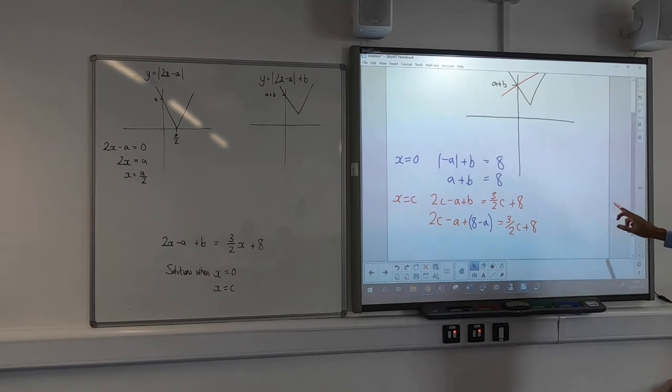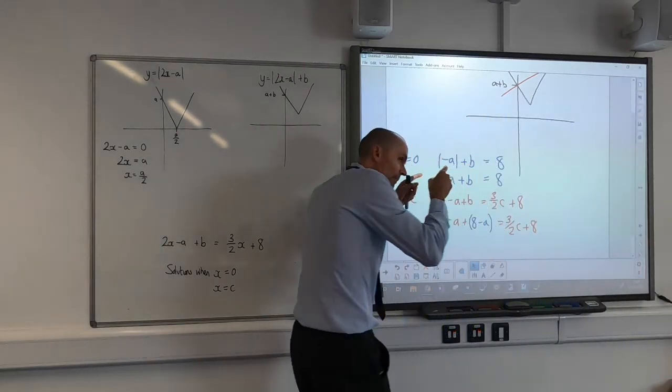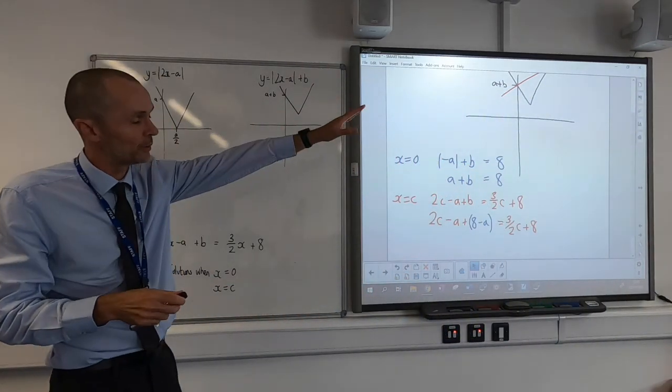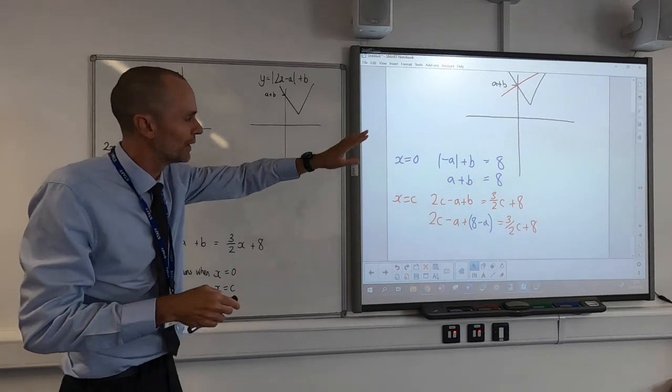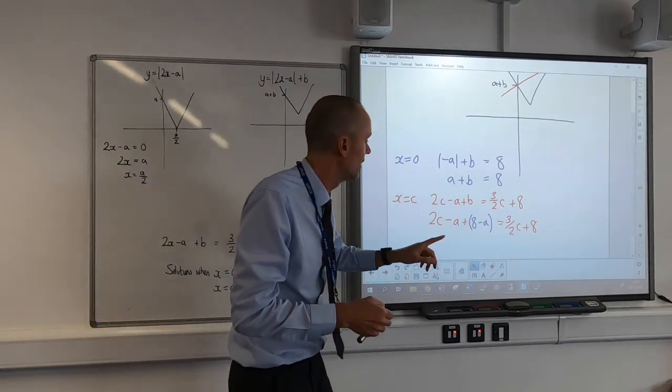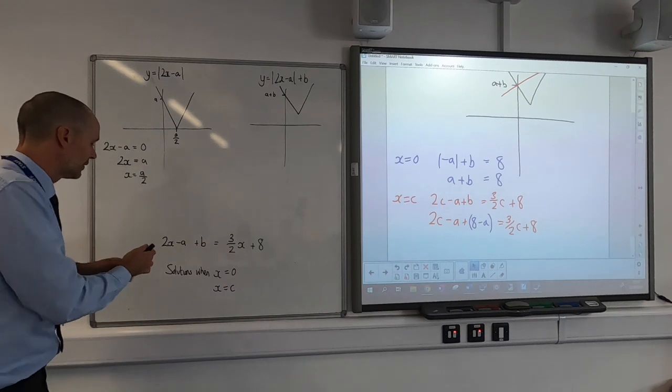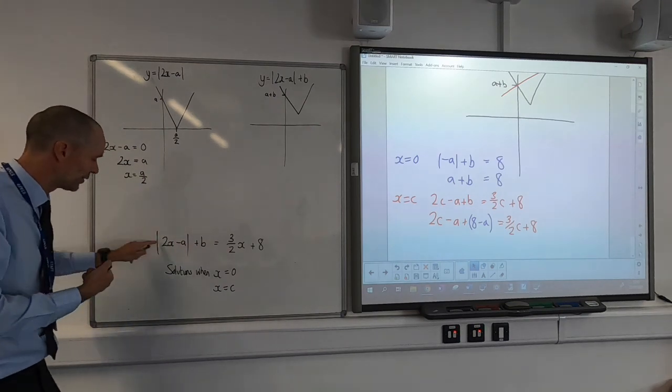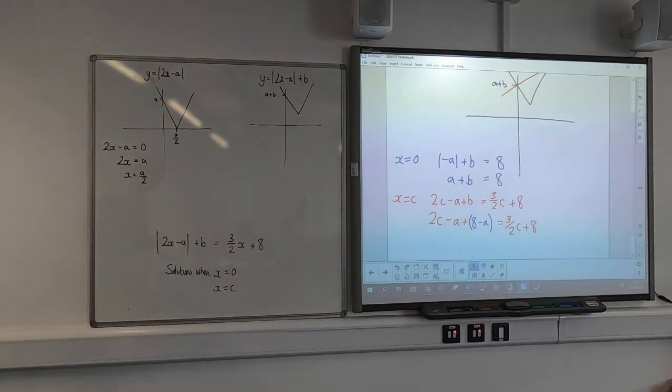And if you're confused about why I've not done the modulus sign, remember the graphical bit we did showed me that that second solution occurs when this line touches the positive version of that. So that's why I haven't done the modulus sign.